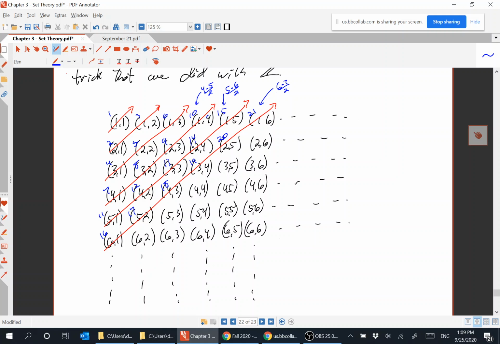So we've enumerated the entirety of the positive rational numbers. And the negative rational numbers, you incorporate just by alternating positive, negative, positive, negative. Crazy, huh?